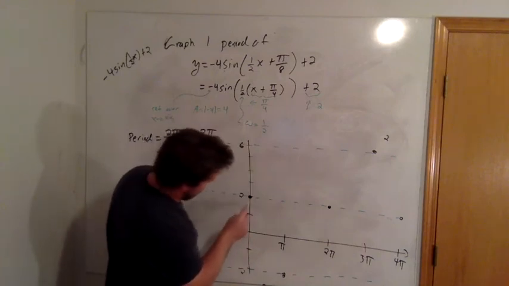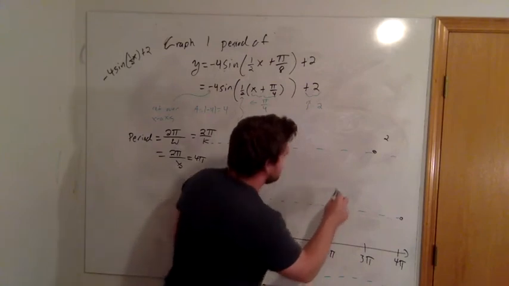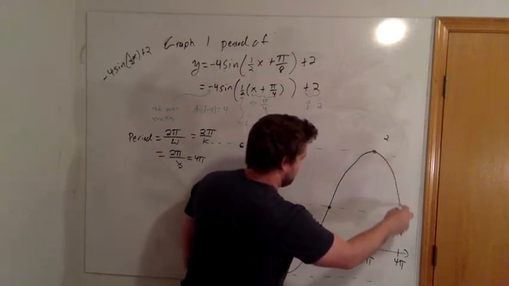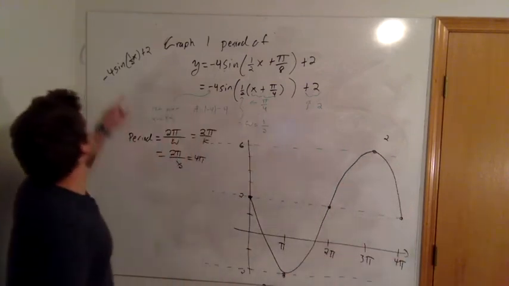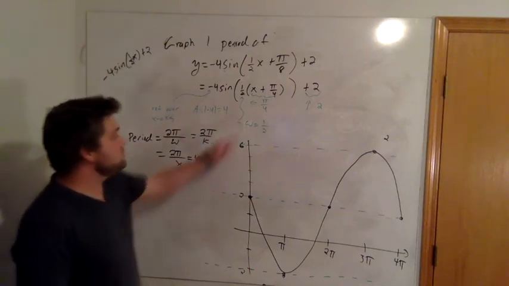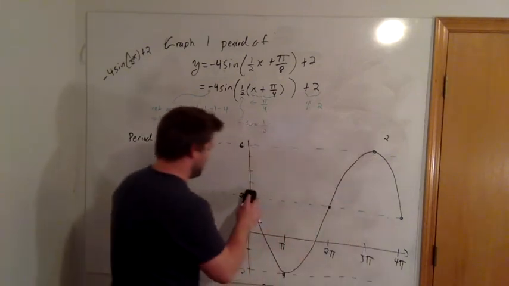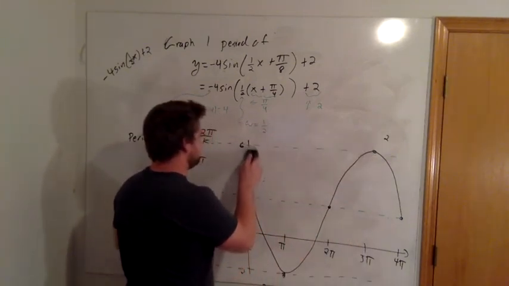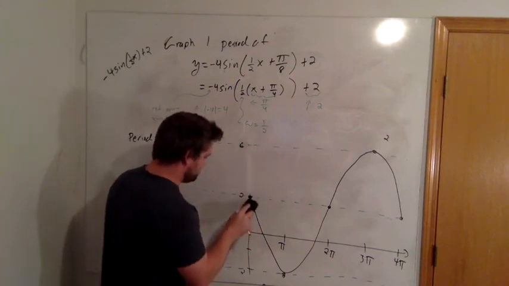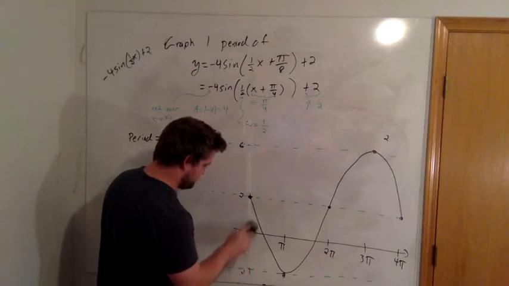So we have our graph of -4 sine of 1/2 x plus 2. All we need to do is take account for the shift. So I'm just going to go ahead and erase the y-axis here. We'll move it in a second.